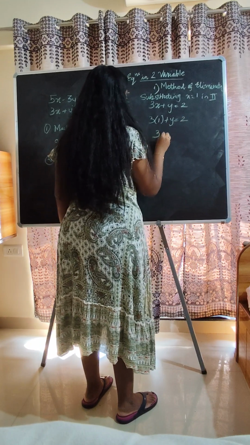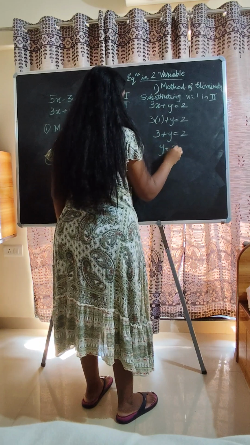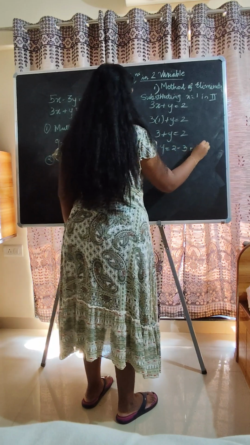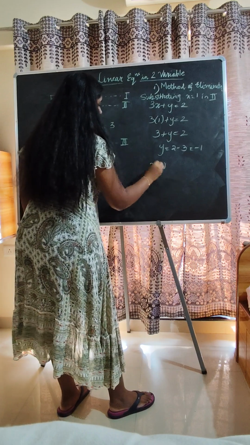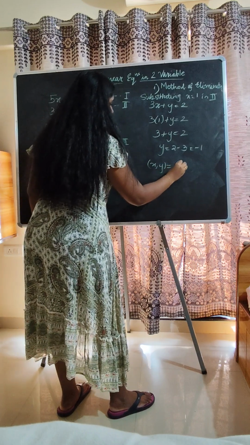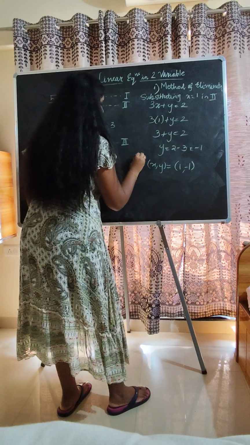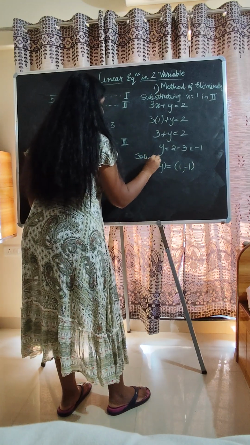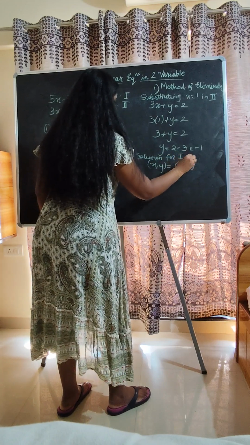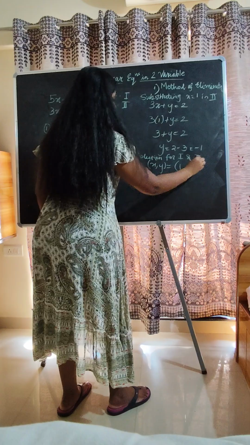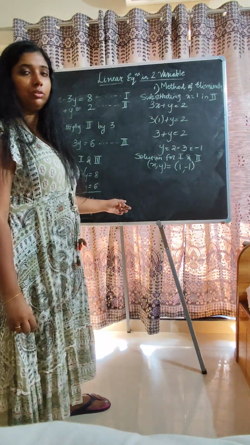So 3 plus y is equal to 2. So y is 2 minus 3, which is minus 1. So the solution for x and y is 1 and minus 1, solution for equations 1 and 2. Just note this down.